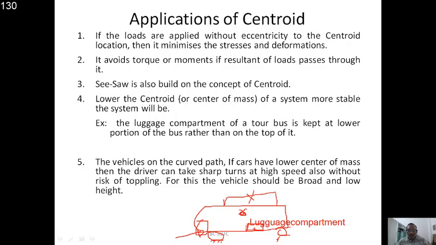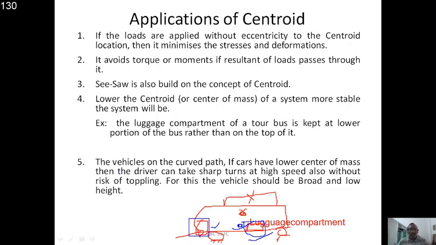Hence the luggage compartment is placed at this point, so that the centroid comes to the bottom portion and tilting can be avoided. So luggage should be at the bottom side for buses, which is advisable.